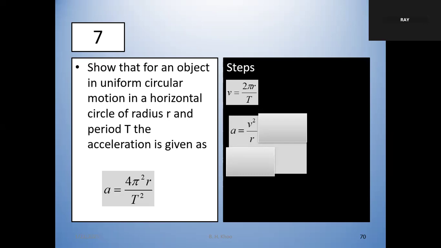Use v squared over r. Replace v with 2 pi r over t. What's the answer? Anything not clear?